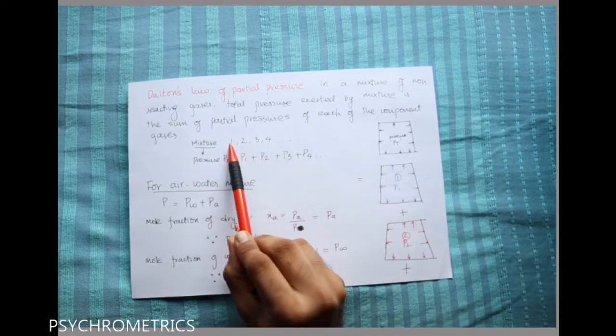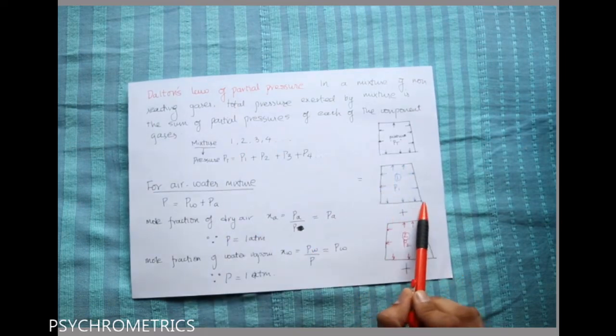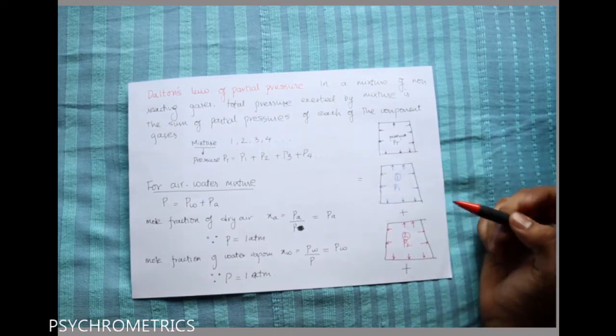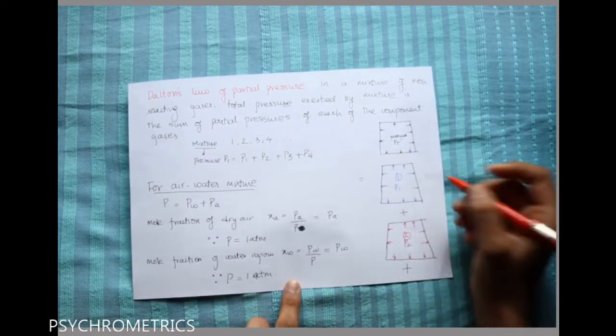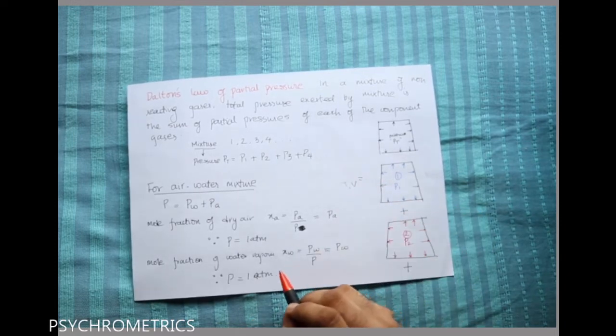We take the same quantity of component 1 and introduce it in the container at the same temperature as the mixture. So we have temperature constant and volume also constant.